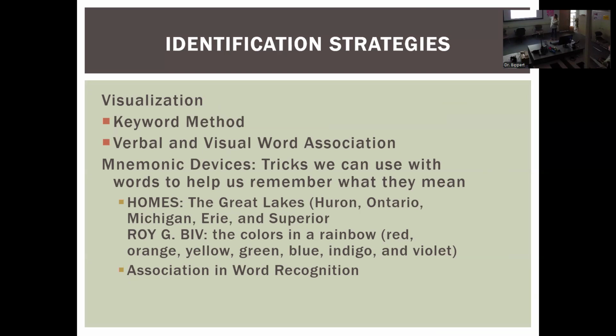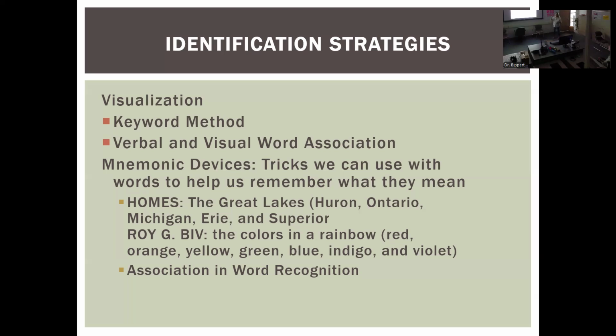Visualization, like keyword methods, verbal to visual word association, which we already talked about, or mnemonic devices, tricks to be used. And this doesn't apply to everything. I know in music there's some mnemonics, right? Like, give us an example. There we go, and also FACE, right?